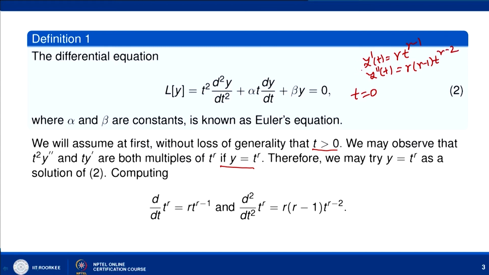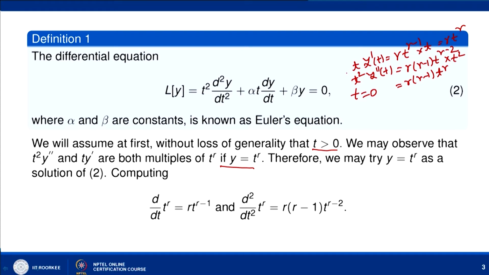If we multiply y' by t, it is r t^r, and if we multiply y'' by t², it is r(r-1) t^r.